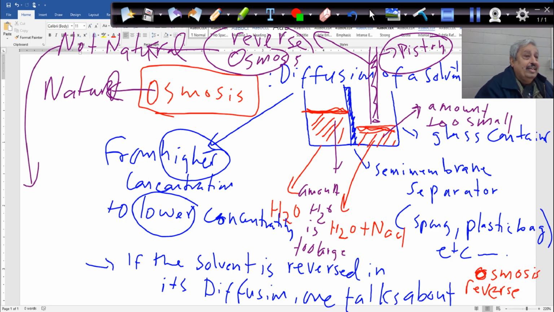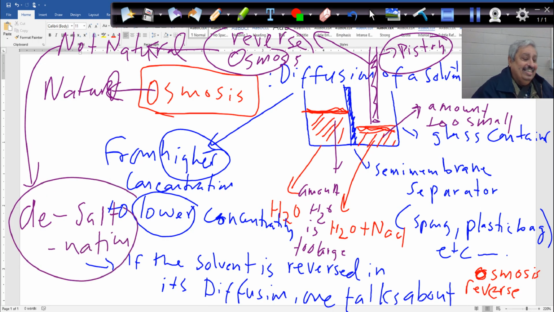So, where can we find this non-natural phenomenon, reverse osmosis? To get the salt out of the sea, correct? They call it desalination. That's one word, desalination.